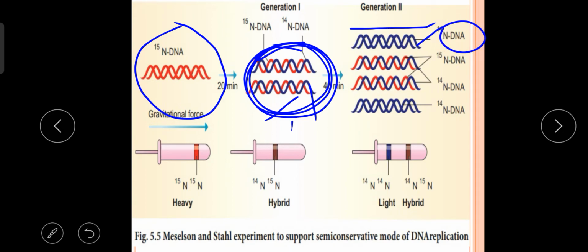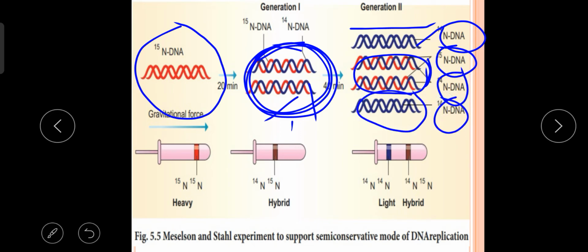In these two DNA molecules, one strand contains 15N, one strand contains 14N. In the last ones, both strands contain 14N. That means you can say 50% are hybrid and 50% are lighter.